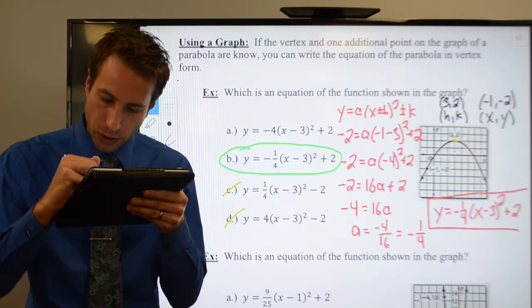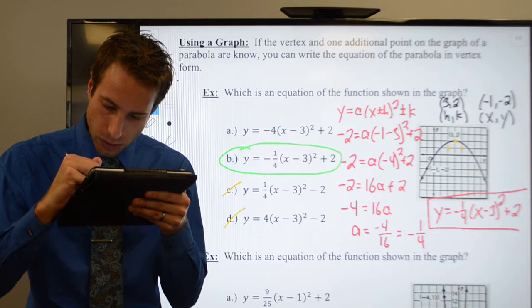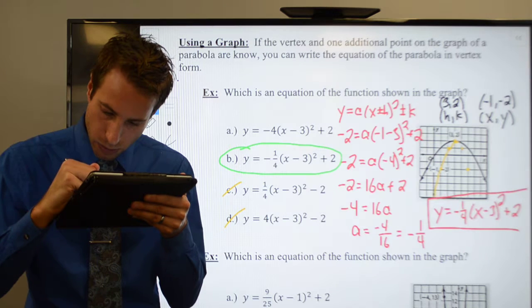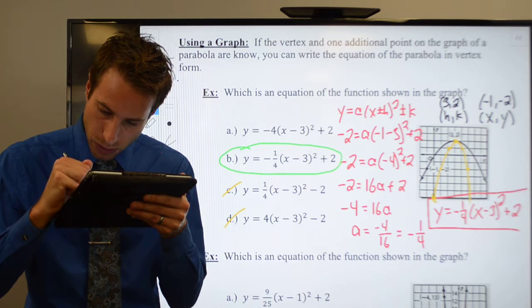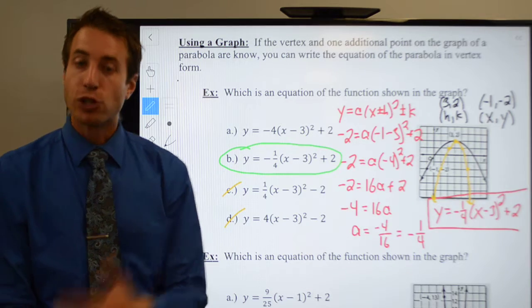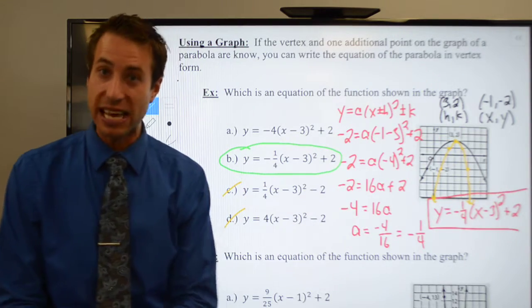Well, that graph would look like that one right there in yellow. So what did I do to get the graph that I was given?